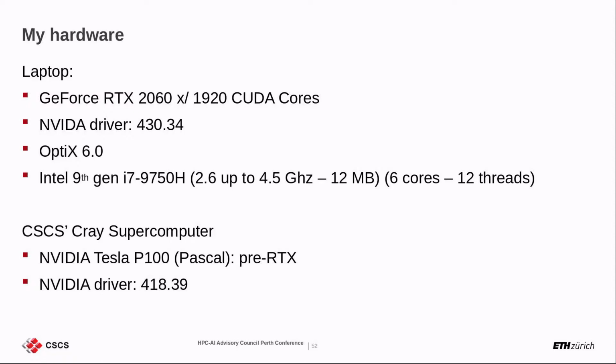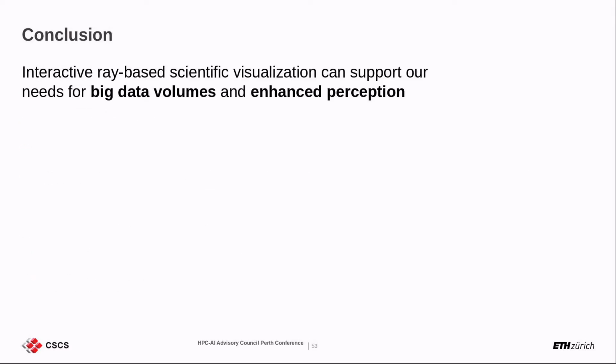And then on my visualization cluster, the CSCS Cray supercomputer, I have those Pascal GPUs. They are pre-RTX generation, but still, thanks to an updated driver, I can run that, not at full speed perhaps, but at a very decent level of performance.